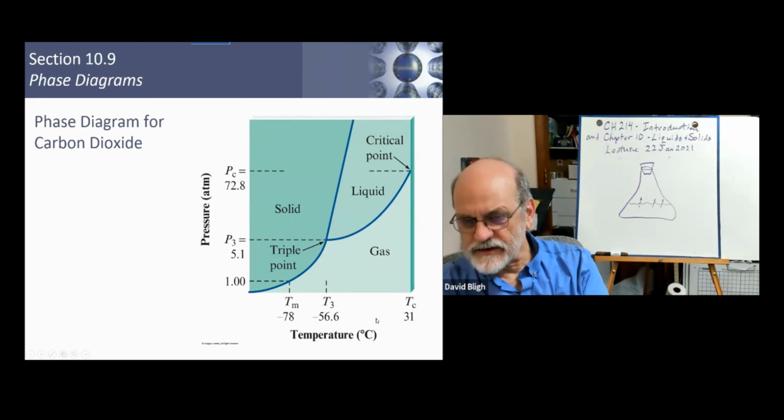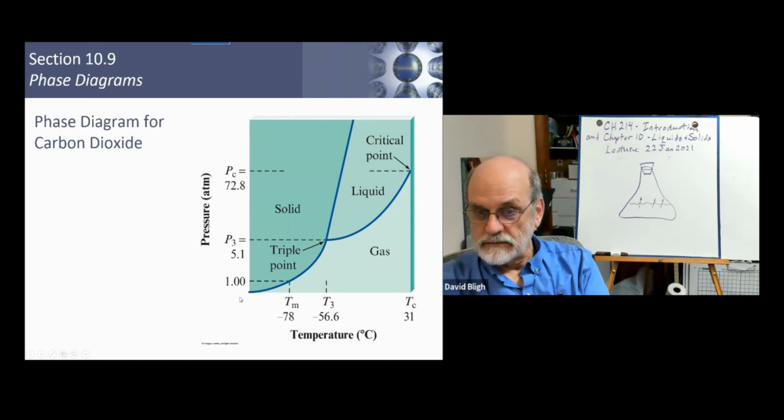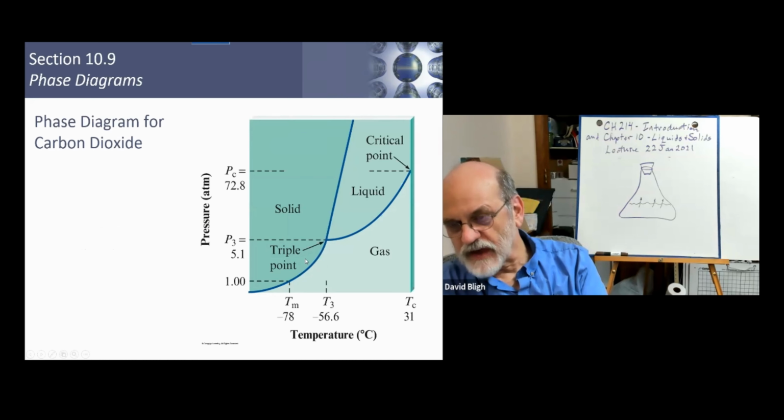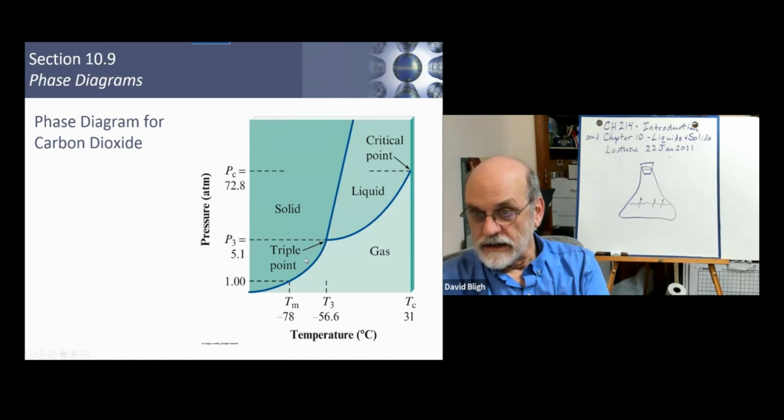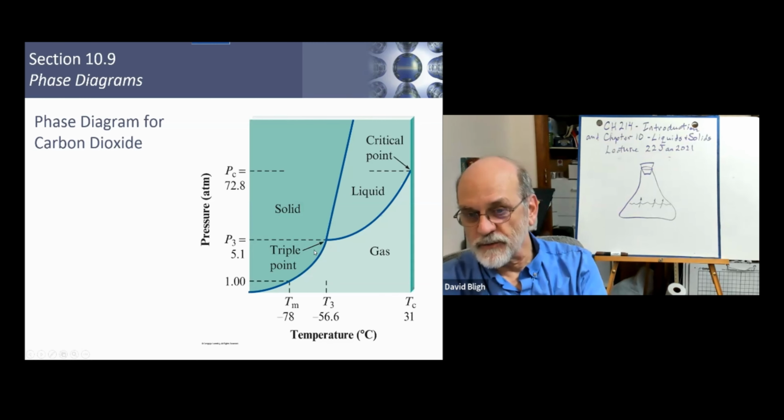Temperatures on the x-axis, pressures on the y-axis, and we measure various points along here, temperature and pressure, where in this case we have gas and solid interfacing. They're in the system at the same time. So if we cross that line, we go from solid to gas.